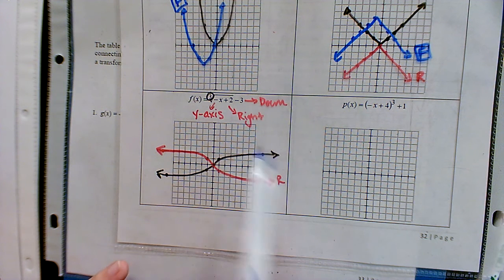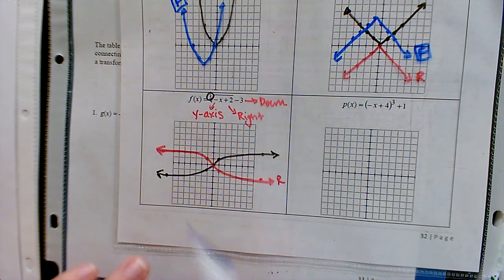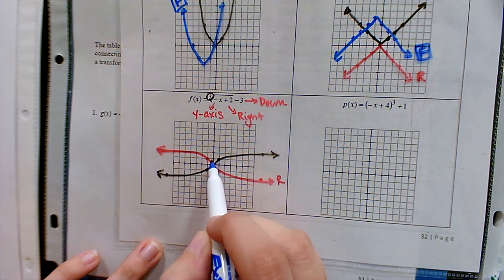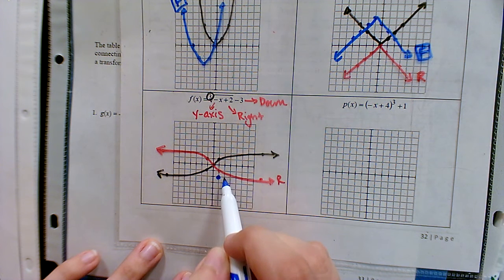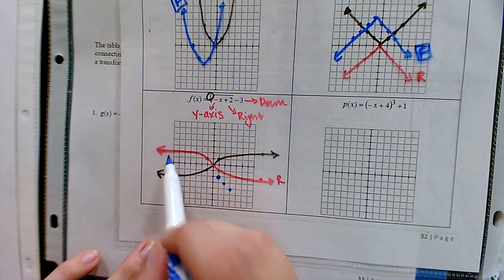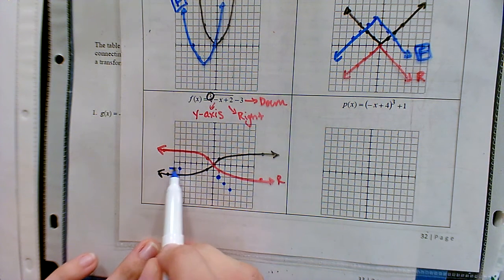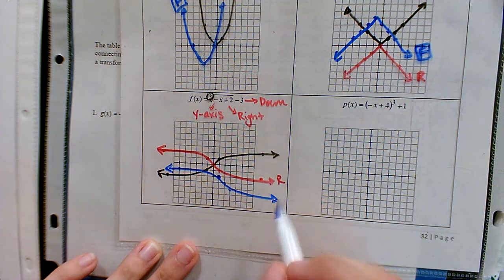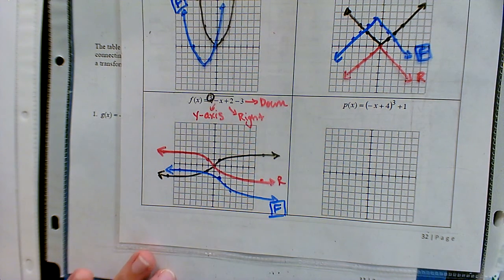So all of the red points we're going to move right 2 and then down 3. And we'll label that one as our final.